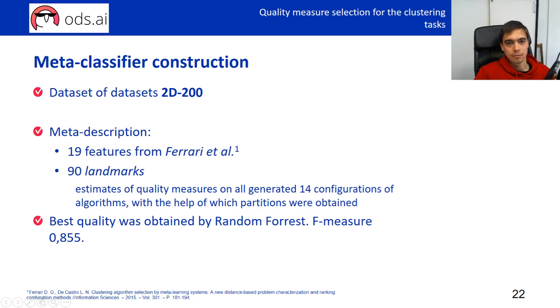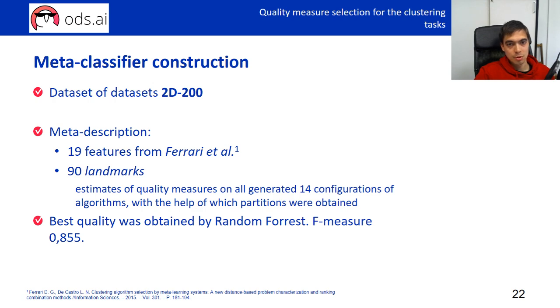So what have we done? How did we build the meta classifier? The training set for the meta classifier was built on the dataset of datasets 2D200. The meta feature description consists of 19 statistical meta features described in the research made by Ferrari, and 90 landmarks proposed by myself that estimate the quality measures on all generated 14 configurations of algorithms, with the help of which the partitions were obtained.